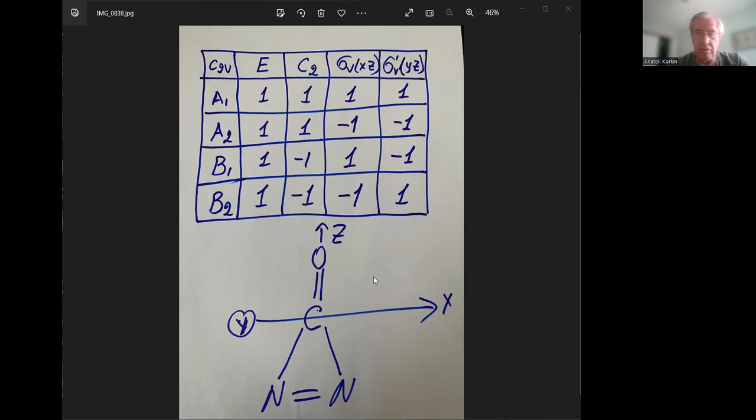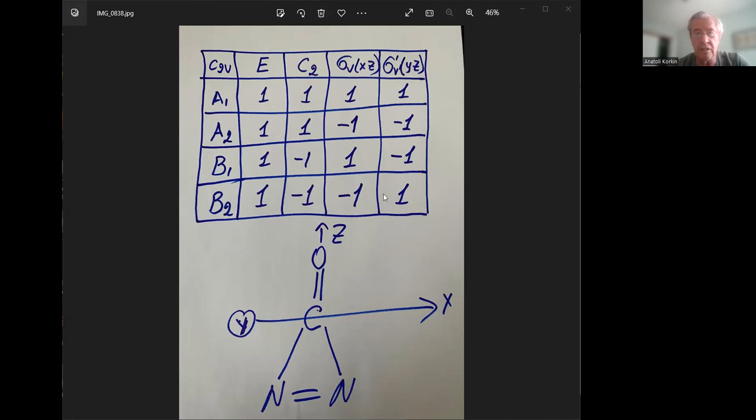So this molecule belongs to C2V symmetry group, and we put the axis Z along the CO bond, and axis X will also be in the plane of the molecule, and Y axis will be perpendicular to the plane.